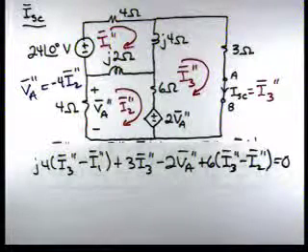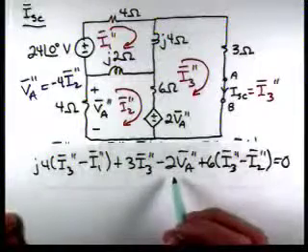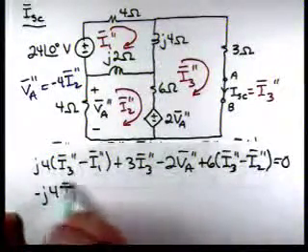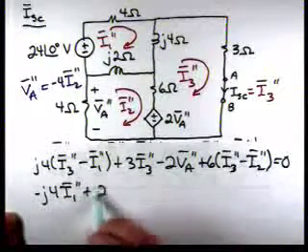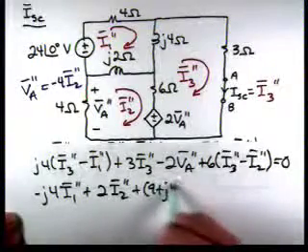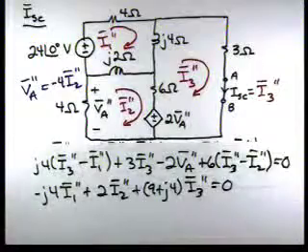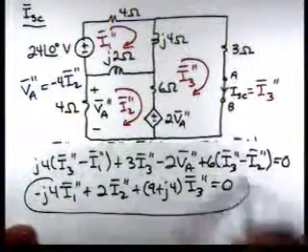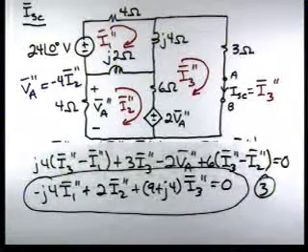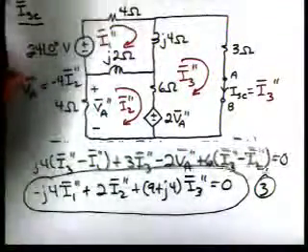If we make the substitution, our equation becomes minus J4 I1 double prime plus 2 I2 double prime plus 9 plus J4 I3 double prime equal to 0. Alright, that's the third equation. Now, I short circuit is just I3.